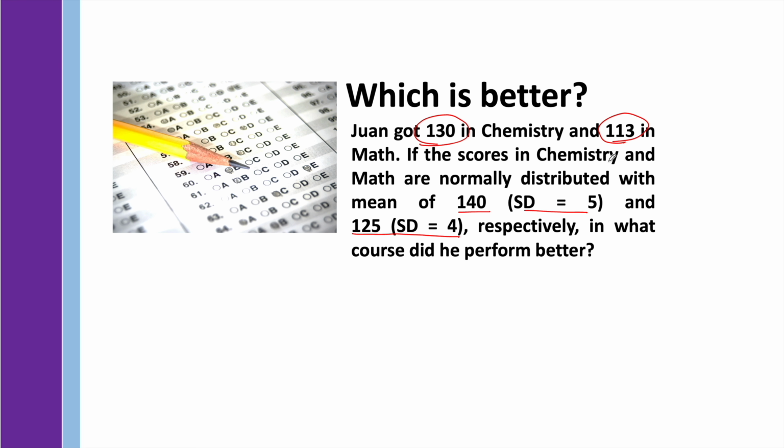Getting the z-score of 130, we have negative 2, and the z-score of 113 is negative 3. Based on these results, negative 3 is way less as compared to a z-score of negative 2. So we can say that a score of 130 indicates a better performance as compared to a score of 113.